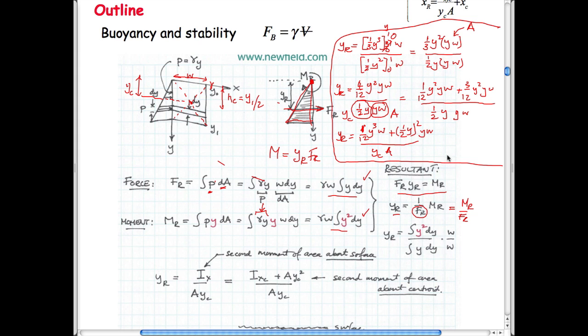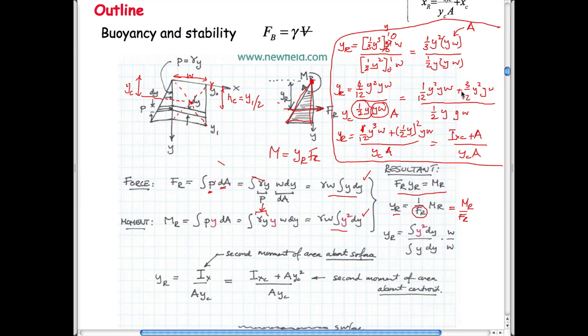And in this particular case, this first term here is what I will call IXC over YC times A. And I'll add to this the area.